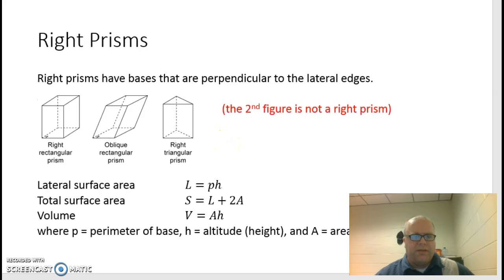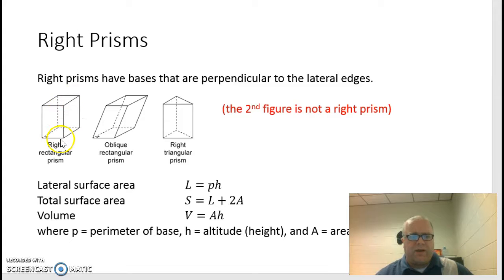Let me go back up here to this drawing real quick, and let's look at these pictures and distinguish between what the lateral surface area and the total surface area is. If I'm calling, for example, this right rectangular prism, if I'm calling the top and the bottom the two bases, then all 4 of the sides going around, that's the lateral surface area.